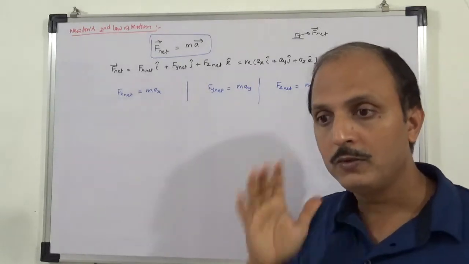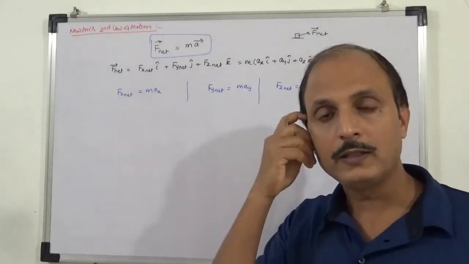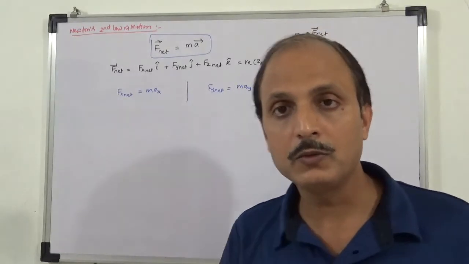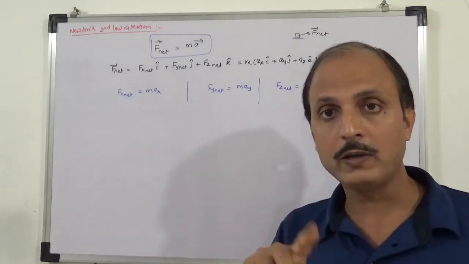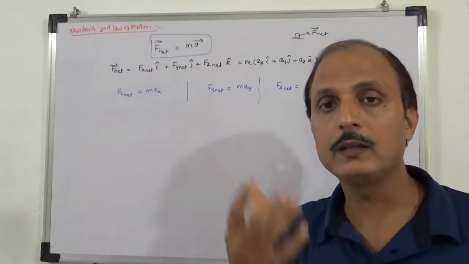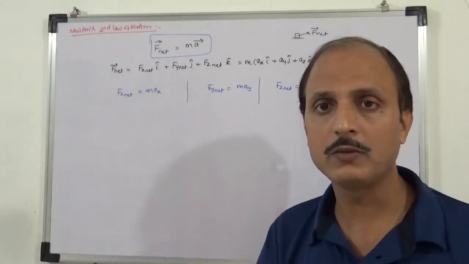So if force is given in any direction in space, you take its component along the x-axis, along y, along z, and then it becomes very simple to understand. When we solve the question, it will be more clear.